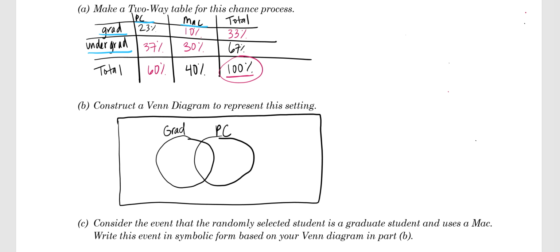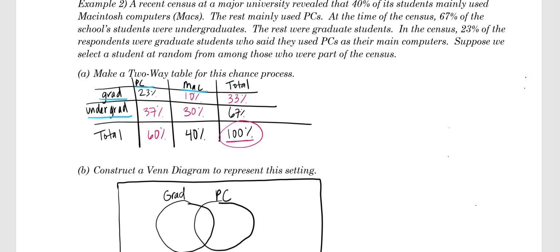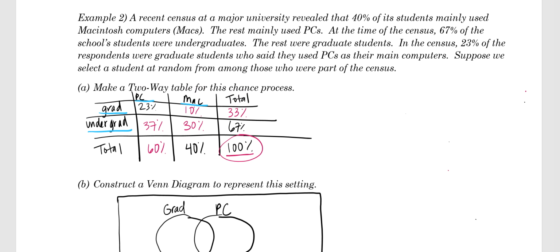And the reason why I chose grad and PC is actually because of the information they gave me at first. Specifically, it says in the census, 23% of the respondents were graduates who said they use PCs. Most problems you get like this will give you a percentage or a number like that that specifically hones in on one category from one variable and one category from another.